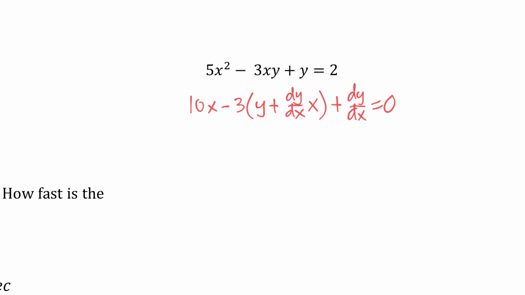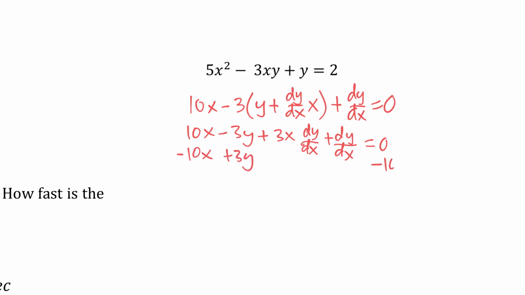And then let's do 10x minus 3y plus 3x dy dx plus dy dx equals 0. So we need to subtract 10x and add 3y.